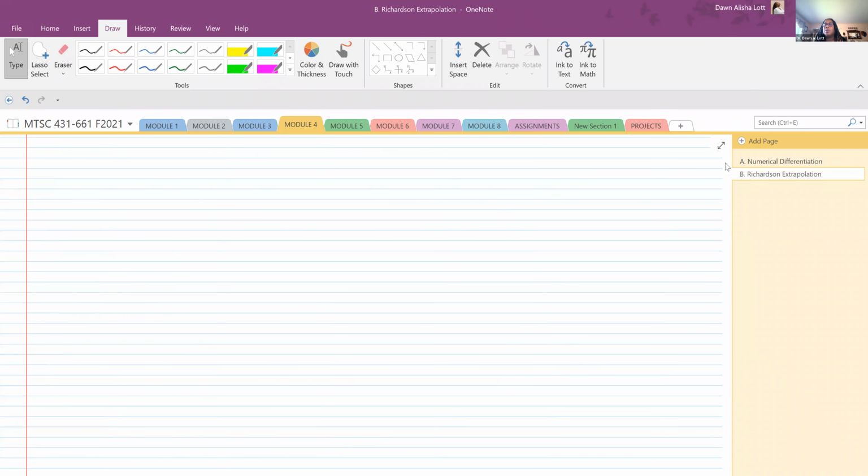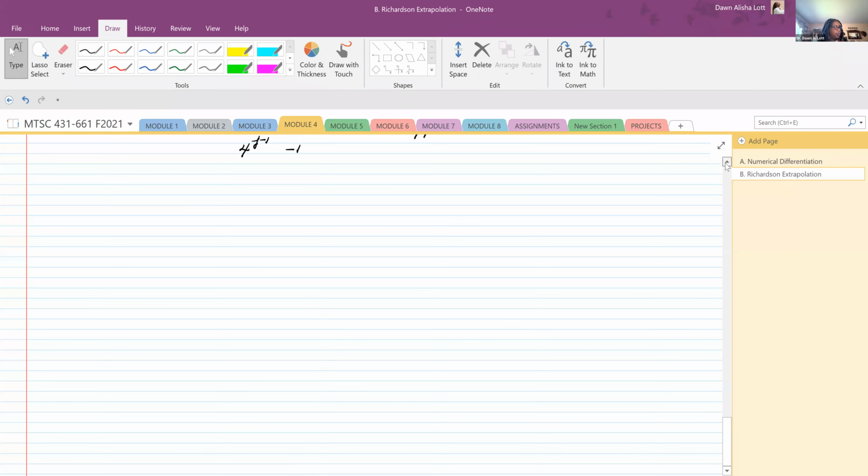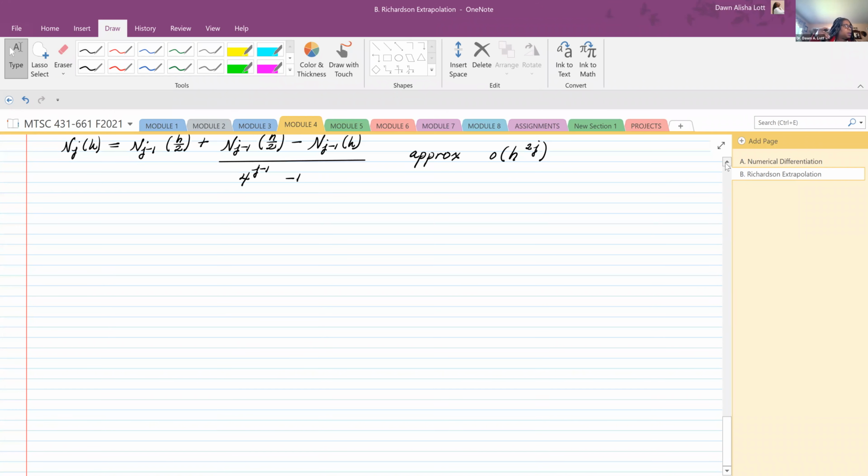Okay. All right, so in general, when we're doing this, you create a table. So this is what your table looks like. If you create this table, then you can use this table to find your new approximation. So I'm going to draw a simple line here.